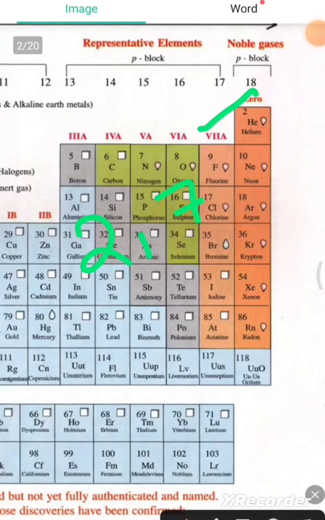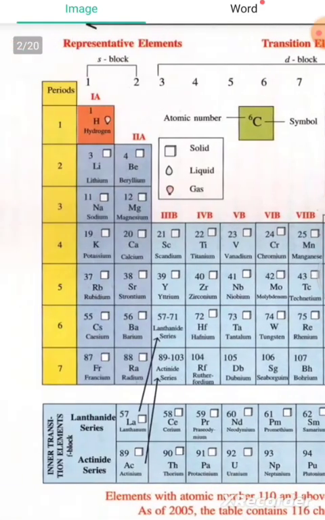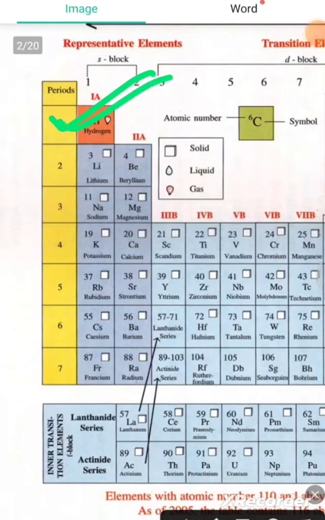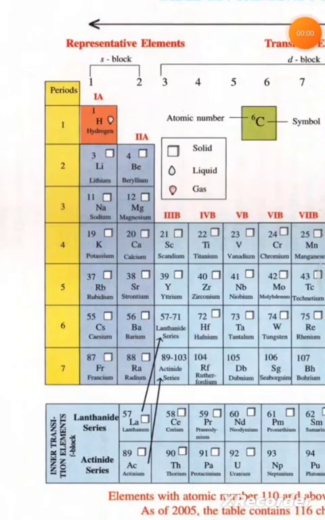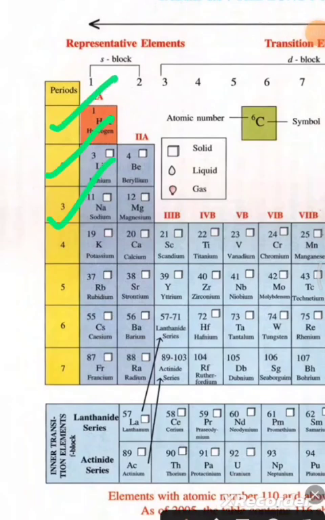So remember, the group number signifies the number of valence electrons present in that group or that element, and your period number signifies the number of cells, not valence cell, sorry, that is the number of cells. Your period number signifies the number of cells.